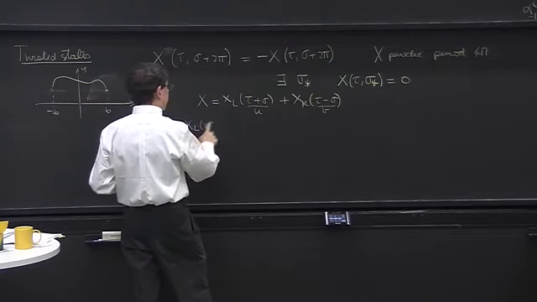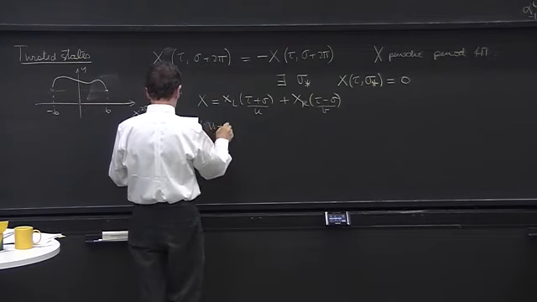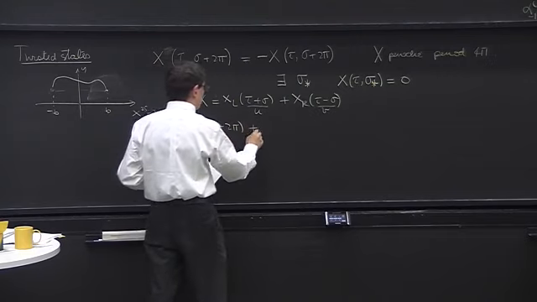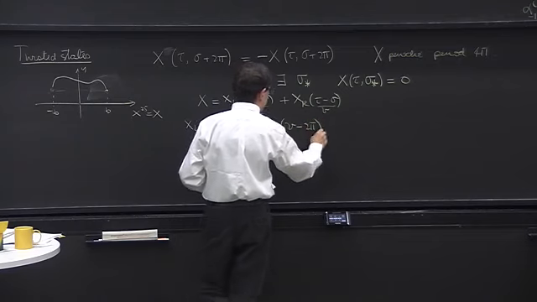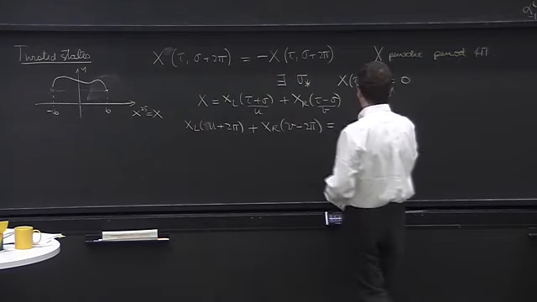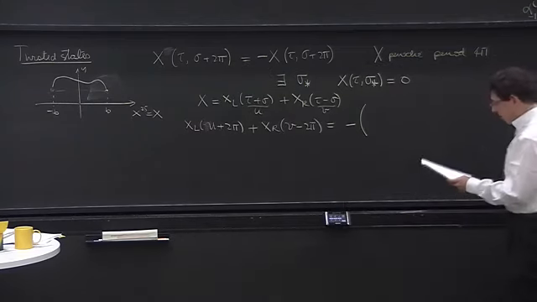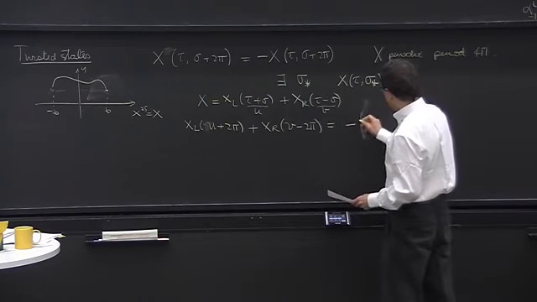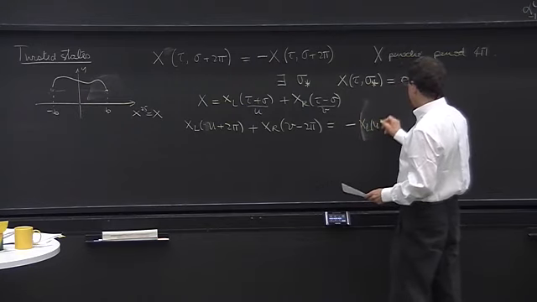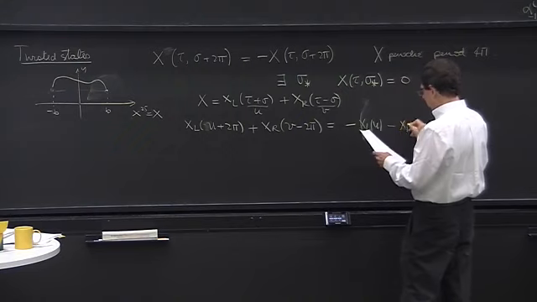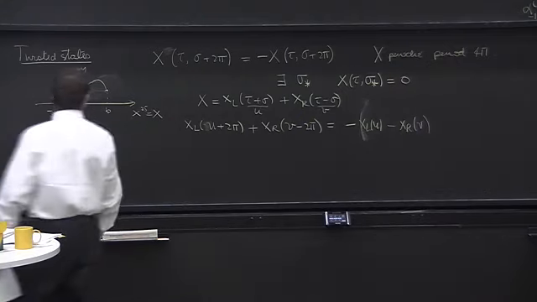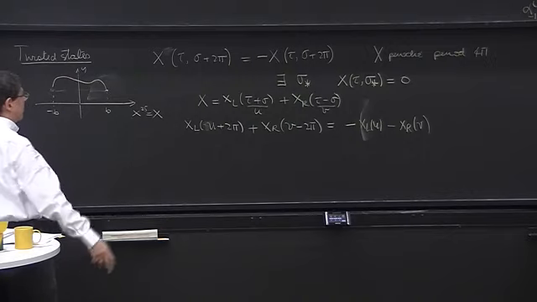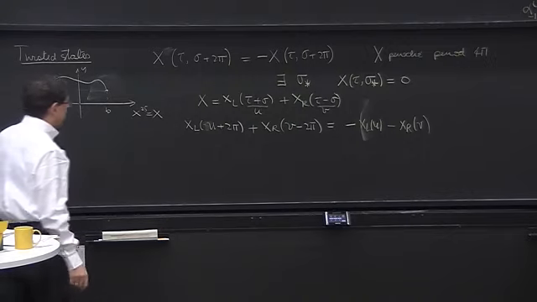So x left of u plus 2 pi plus x right of v minus 2 pi is equal to minus, this time, the original one. So minus x left of u minus x right of v. As before, we put all the things with u on one side and all the things with v on the other side.